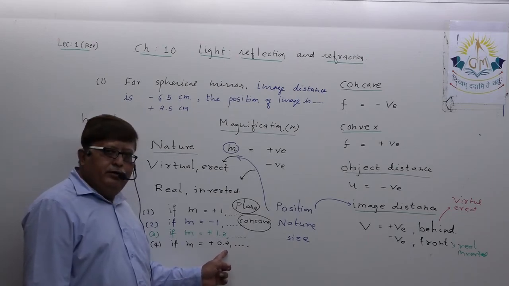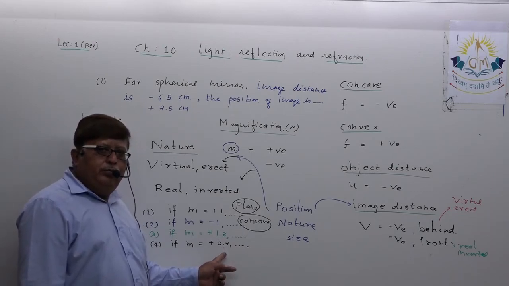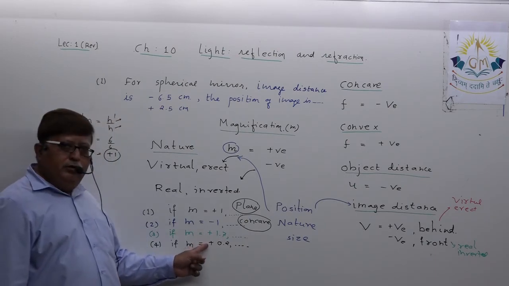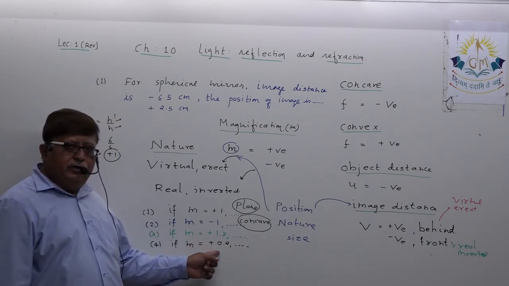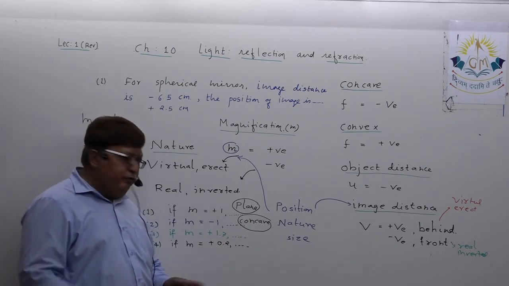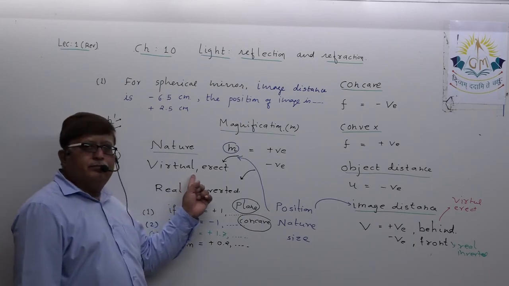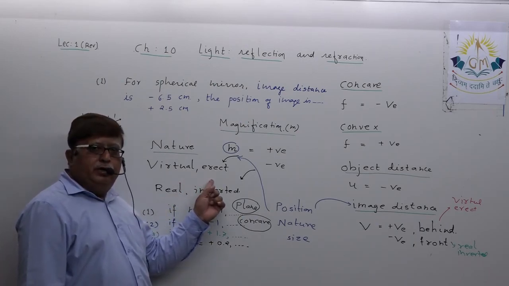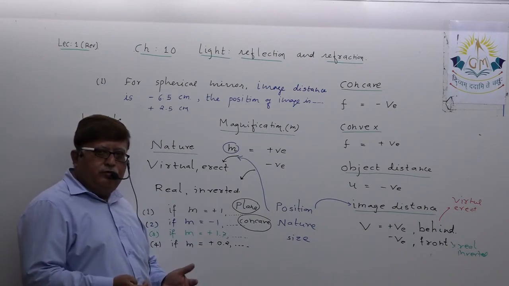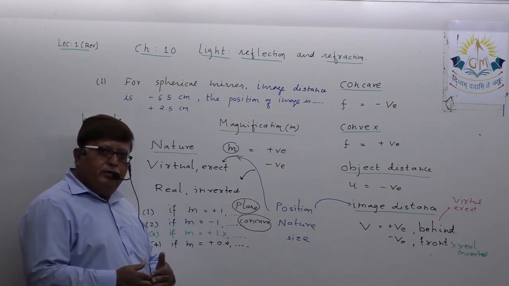I have written here plus 0.2, and it is less than 1. Can you guess? Plus means virtual erect. Less than 1 means the image is going to be smaller than the object.